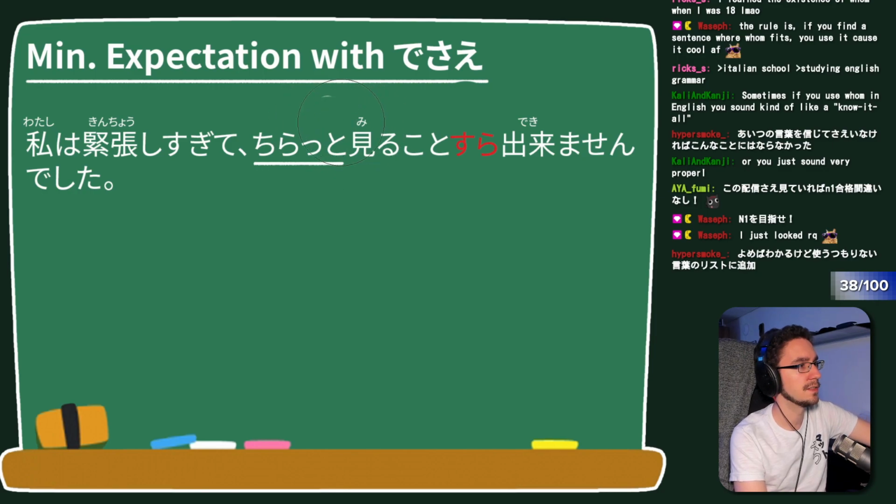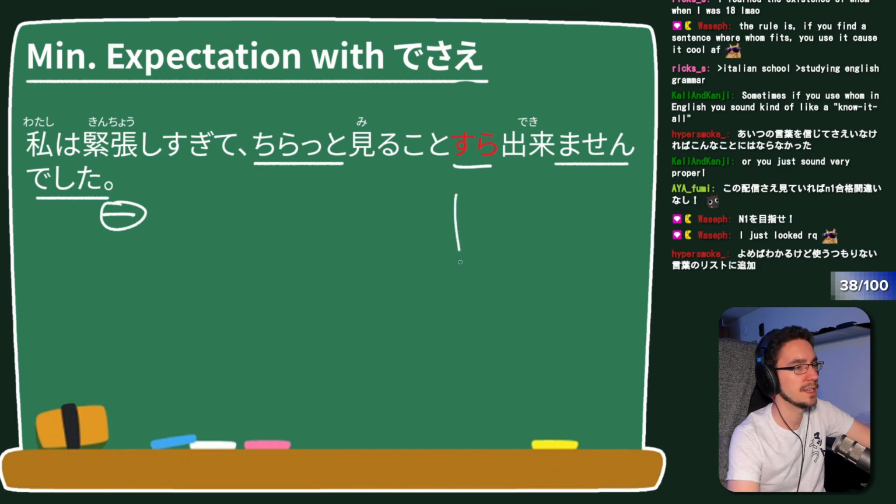Keep accidentally deleting my underline there. ちらっと見ることすらできませんでした. And then here, just a glance, not even. Again, we have the negative. Always look out for those negative conjugations. So here it's like not even.